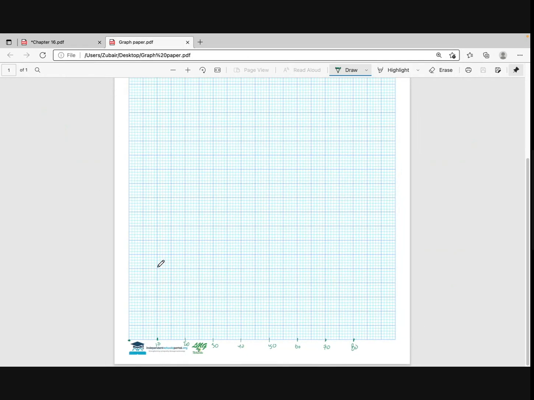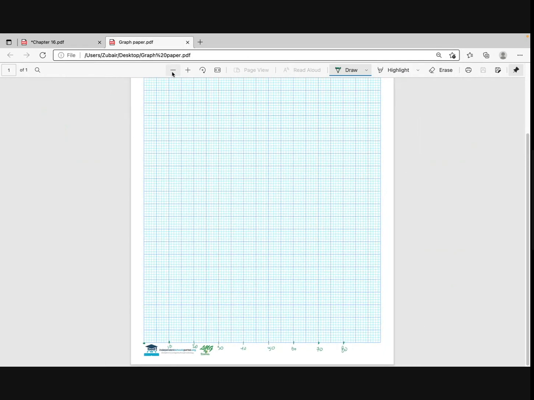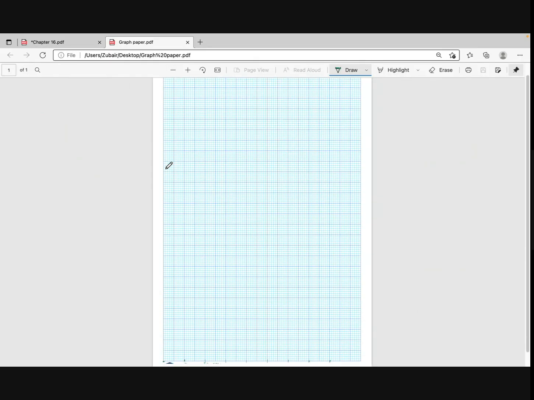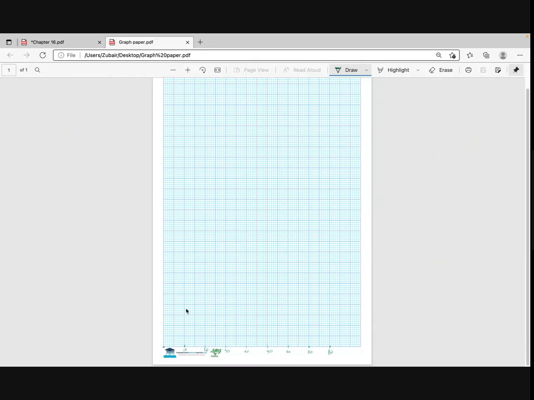So probably, if I remember correctly, there were 25 boxes on the vertical axis. So 10, 20, 30, 40, 50, 60, 70, 80, 90, 100, then 110, 120, 130, 140, 150, 160, 170, 180, 190, and 200.